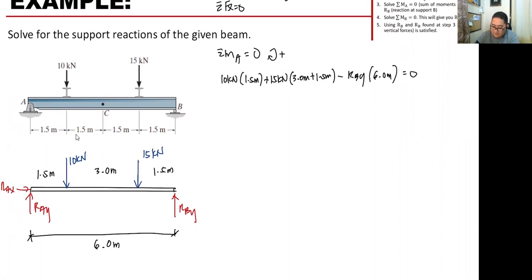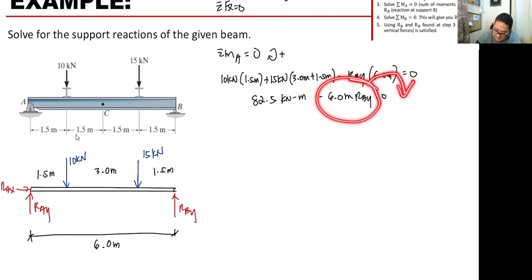Let's combine these forces, because what is it? So, 10 times 1.5 plus 15 times 3 plus 1.5. That is 82.5 kilonewton meter. Okay? And this will be 6.0 meter RBY is equals to 0. So to solve this, let's just transpose it to the other side. Okay?